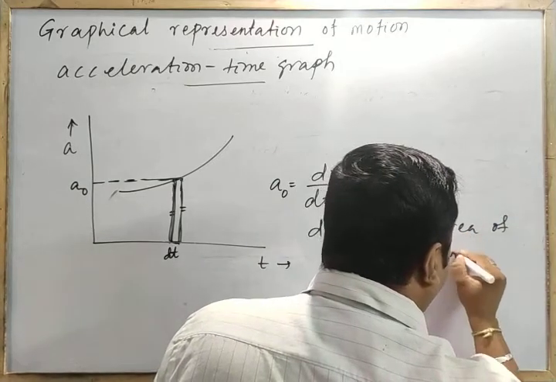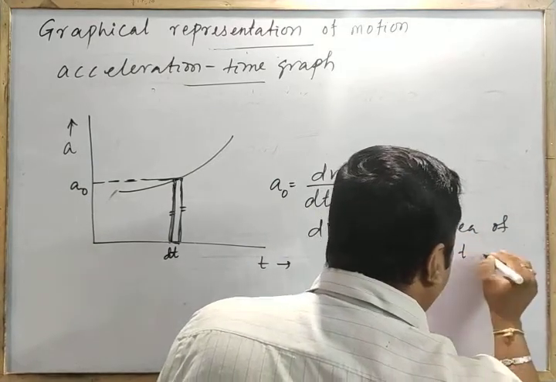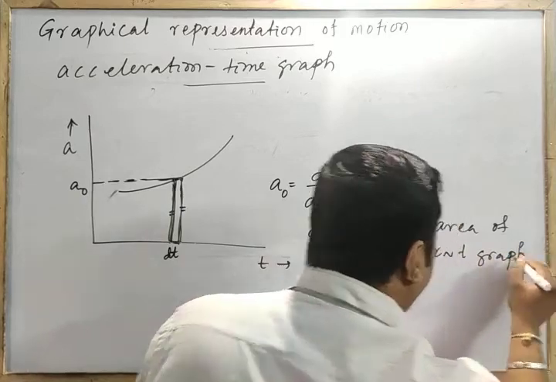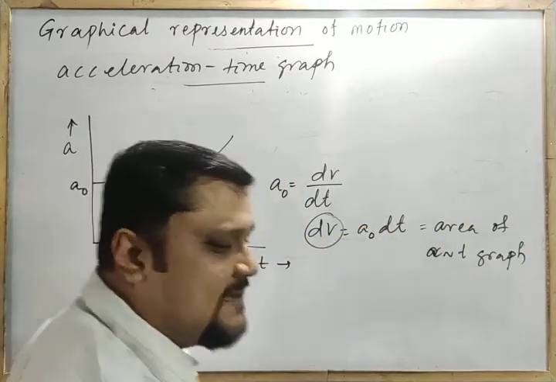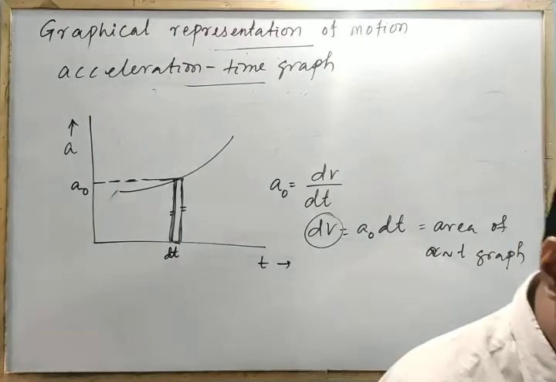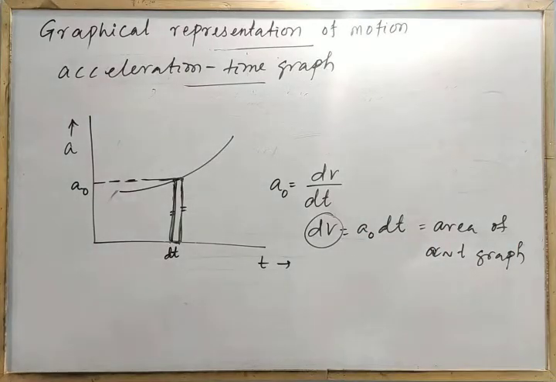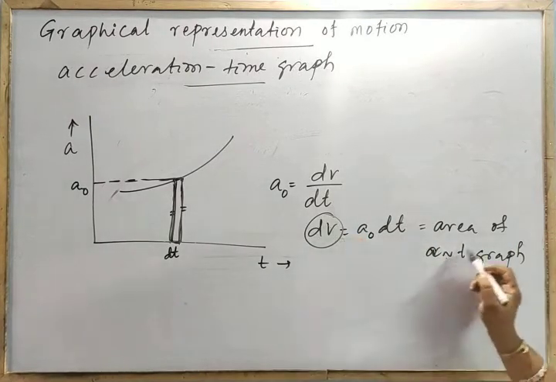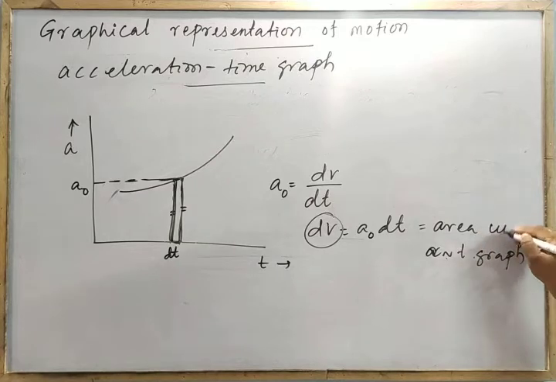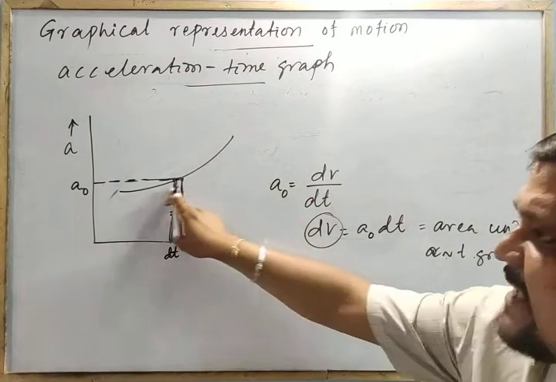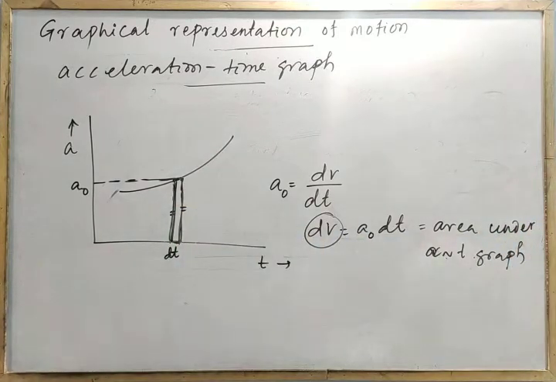of the VT graph, sorry, the AT graph. Area of the AT graph will give you what? The change in velocity. So we can get that the change in velocity is equal to the area under the acceleration time graph.